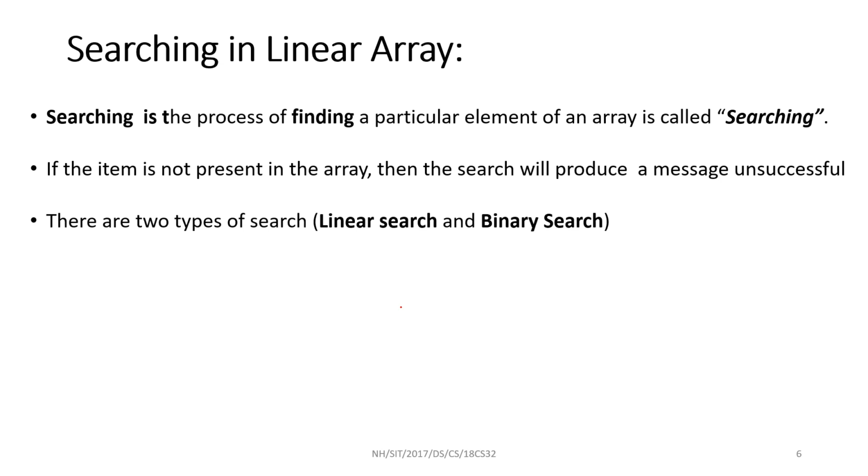There are two different types of searching methods that we discuss here: one is linear search, the other is binary search. In linear search, after the search operation, all the elements will be in the same place. In searching, the elements do not change place.